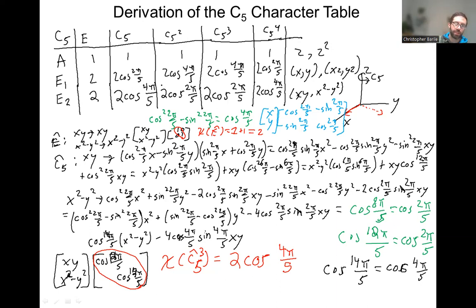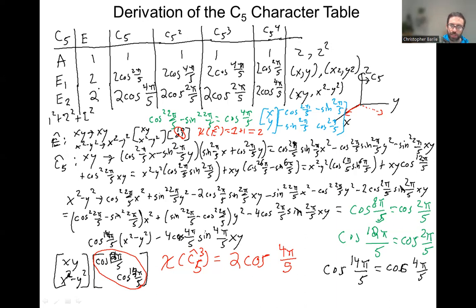Problem is, we're not done, right? We're not done because we're violating one of our character table rules, our first character table rule, which is that the sum of the squares of the dimensionalities, 1 squared plus 2 squared plus 2 squared, right?